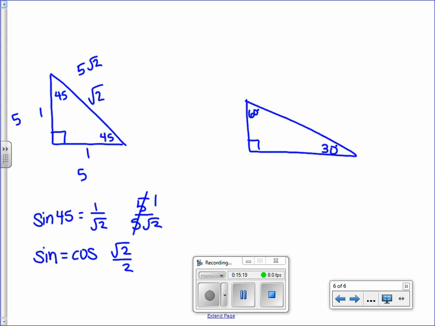And what's tangent going to be for 45 degrees? 1. Tangent of 45 degrees is 1. Because in a 45, 45, 90 triangle, those two sides are exactly the same length. Opposite and adjacent are exactly the same. It doesn't matter if the triangle is 1 by 1 or 1,000 by 1,000. When you put your opposite over your adjacent, they cancel out and you're just left with 1.